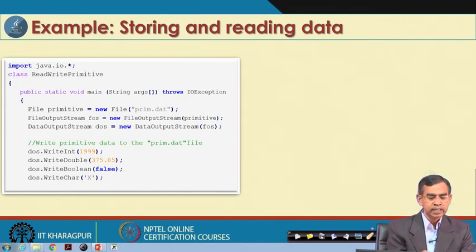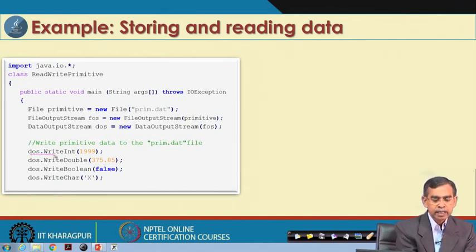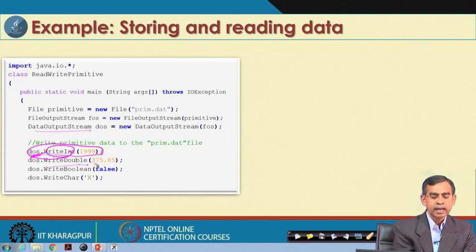Now, for the data output stream, the method write int is there, that means it knows how to write an integer into this data output stream. Similarly, there is a write double method in the data output stream class, which helps write a floating point number into the object, and boolean also, and then character.